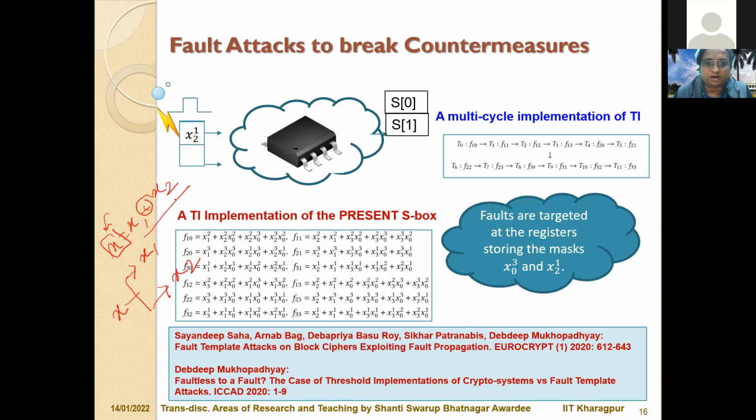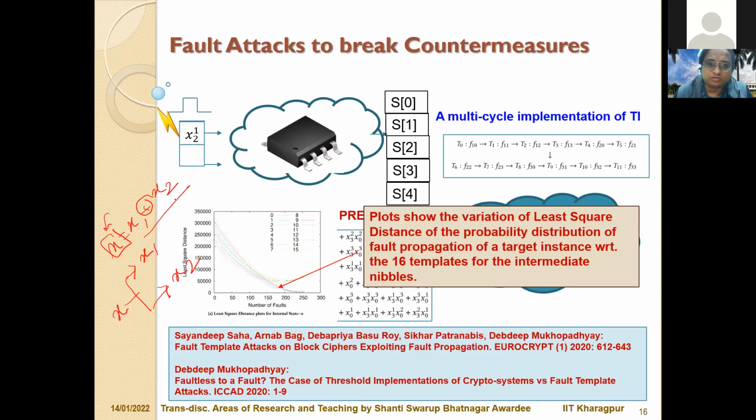That means whether the injected fault is really showing up in the output, or whether it is getting absorbed by some internal computation. Once you get this template, you can develop a methodology through which you can recover the corresponding internal states, and hence you can recover the secret key.